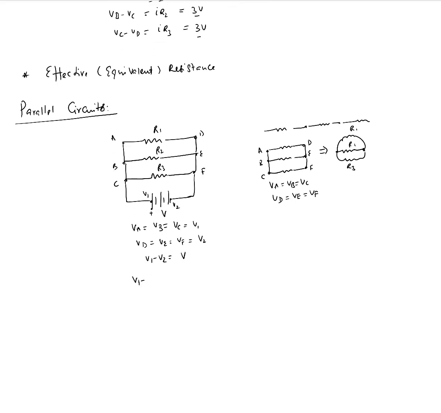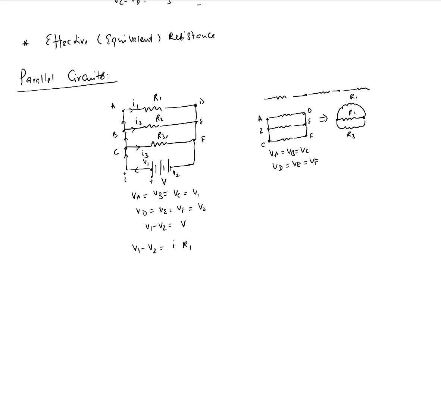So we have V1 minus V2 equal to I1 times R1. Now the current emanates from the source, I, over here, goes this way, and then it gets divided between these two sections. Let's say this is I1, and then again it gets divided between these two sections, and this is I2, and then over here is I3, just to match the subscripts for the resistors.